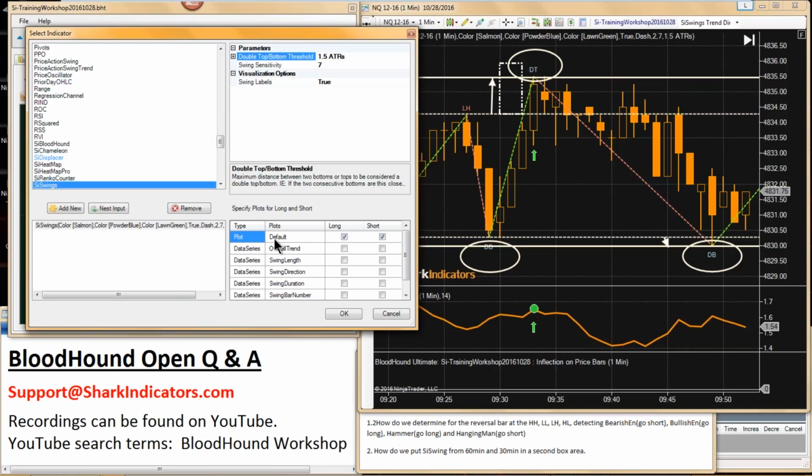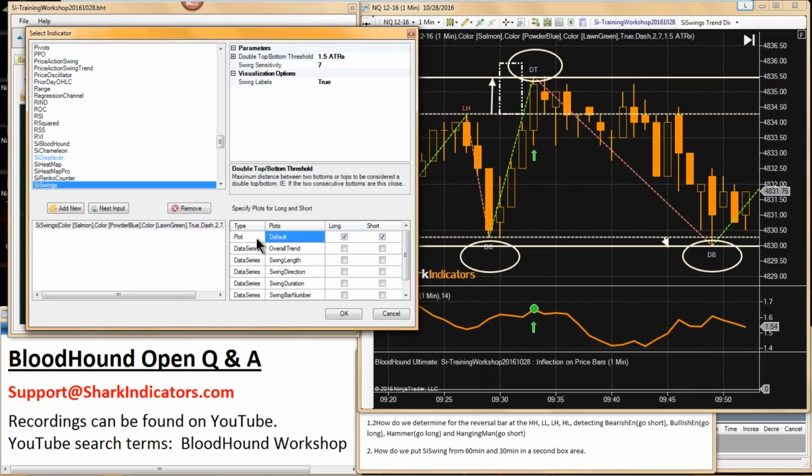If we go down here, again, this plot called default, most of the time that is a fictitious plot that NinjaTrader adds for some reason. We don't know why, but I'd say the majority of the time, this default plot is not a real plot.